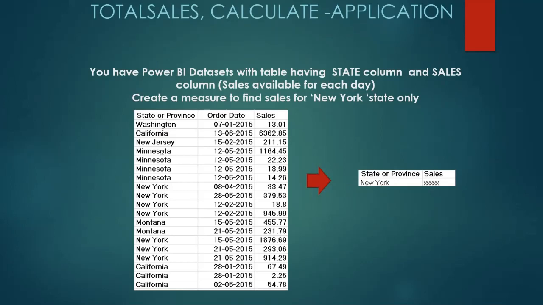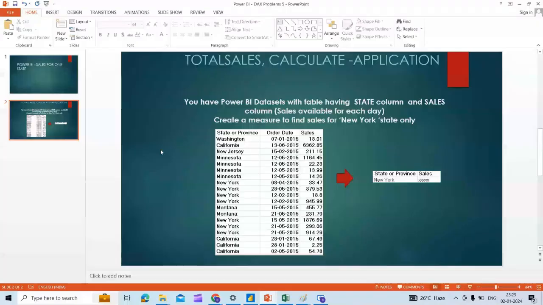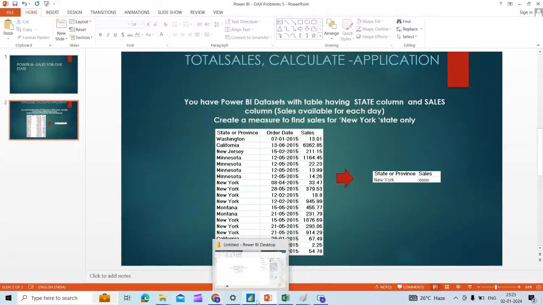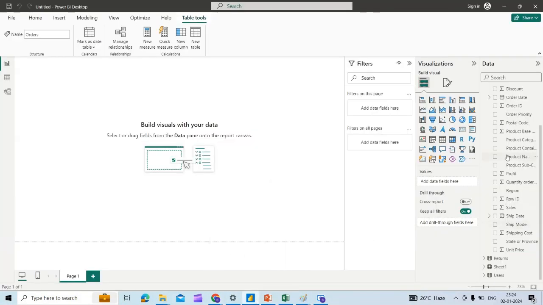In such cases the first thing you have to calculate is total sales, because there is no total sales column here. In Power BI Desktop, I don't have any column for total sales, only for each date we have sales information. So I need a measure for total sales first.